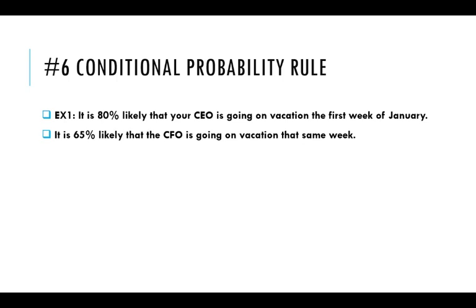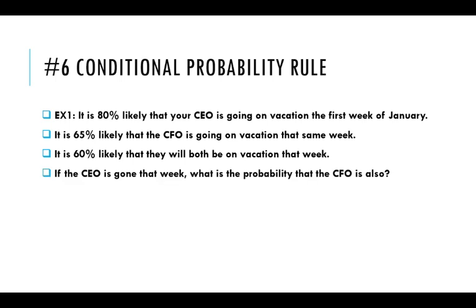It's 65% likely that the CFO is going on vacation in that same week. And it's 60% likely that they will both be on vacation that week. So if the CEO is gone, what's the probability that the CFO is also gone that week?